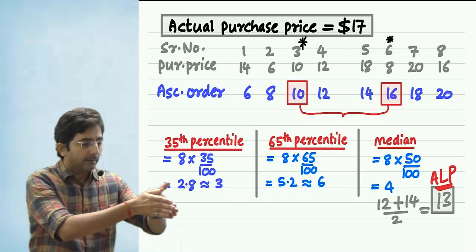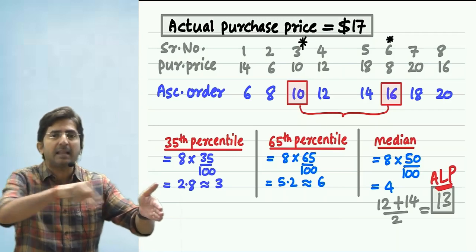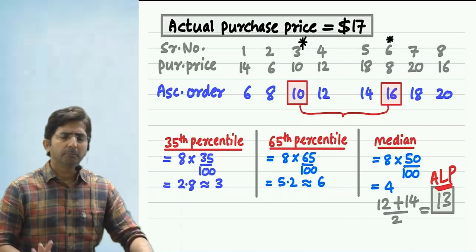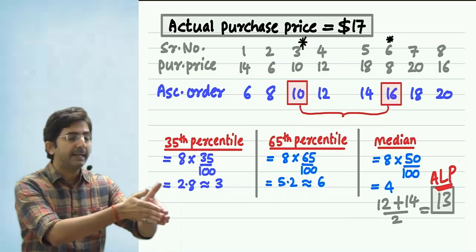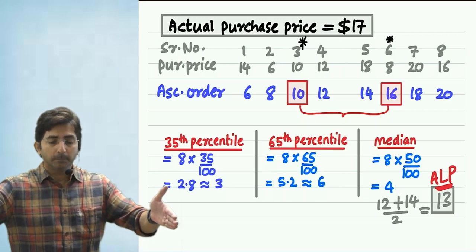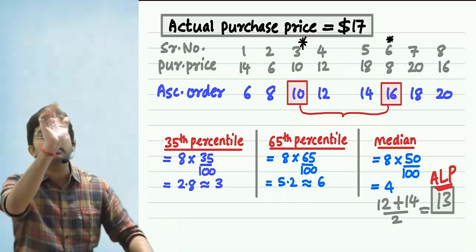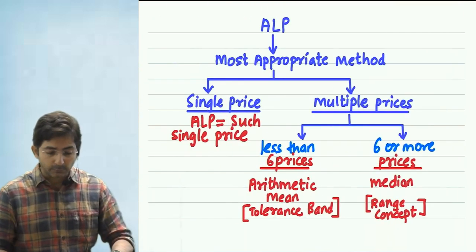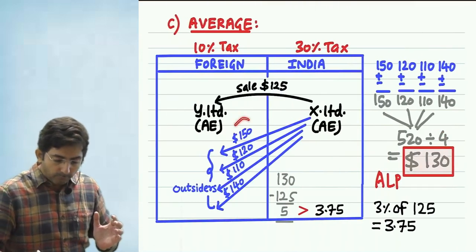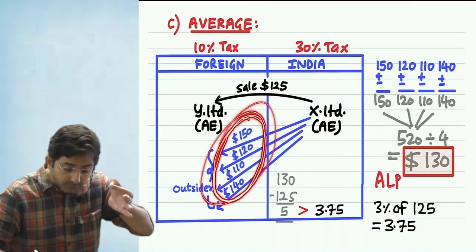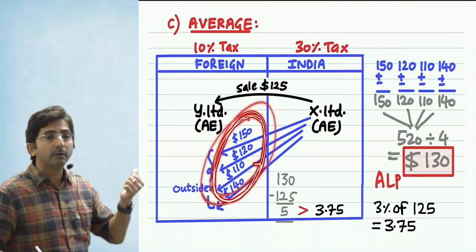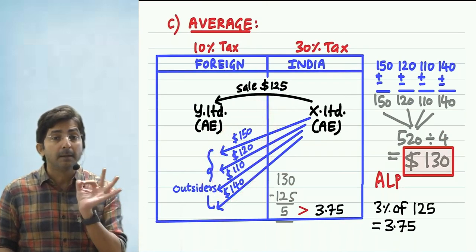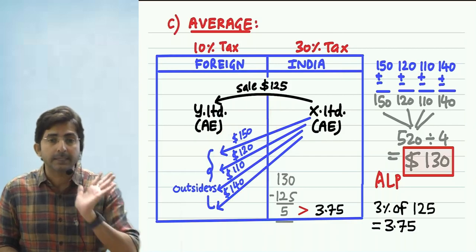Imagine there are 20 students standing in a line. Some are very short, some are very tall. But in median, what do we see? Who is standing in the center? The person in the central most position becomes the median. But mean gives importance to the value. That's why in mean, we simply added the values and divided by 4. So that is mean. But in median, we don't see value, we see the position. Who comes in the center?